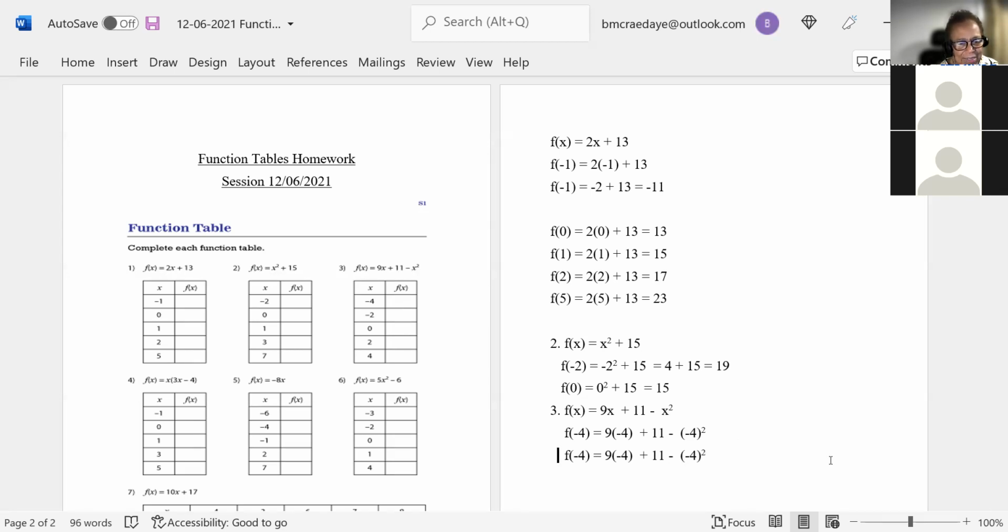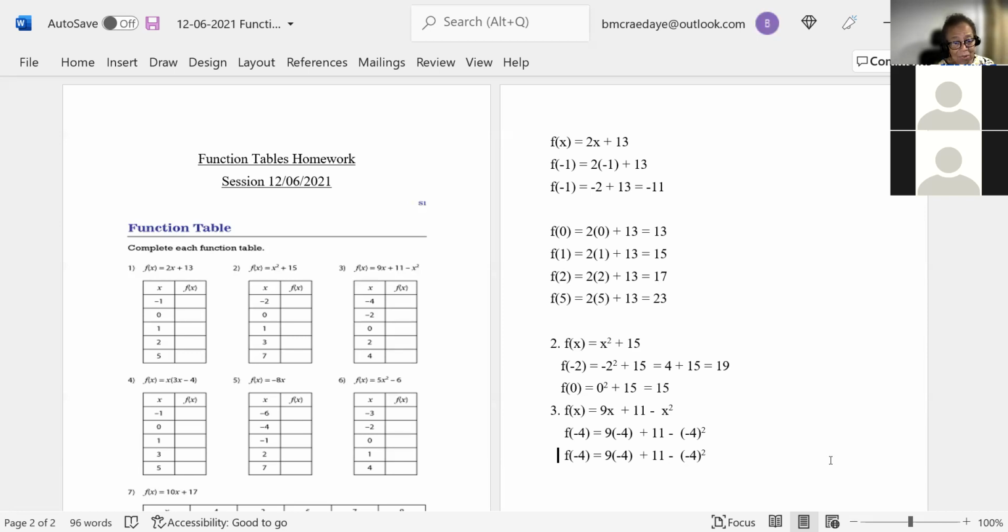Okay, and what's 18 plus 18? No, what's 18 plus 18? 36. That's it. So 9 times 4 is 36.